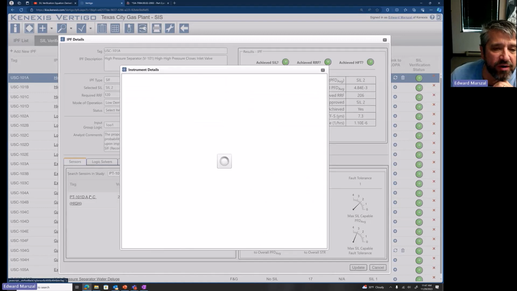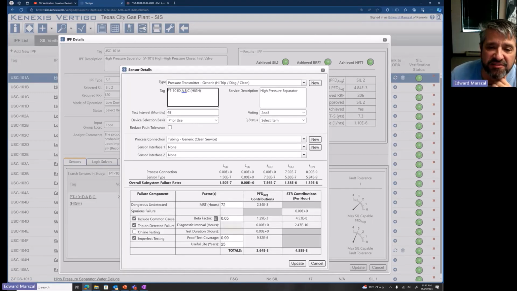Okay. So that's not something that we're doing right now. So let's say that for this 2 out of 3 vote, if I could click a button to say that it's degraded, meaning one of the devices is in the failed state, what PFD is it achieving now?